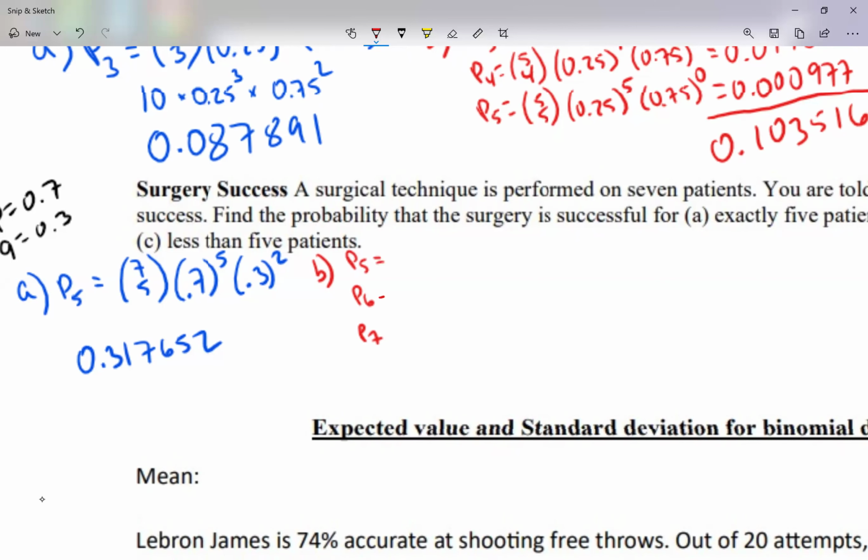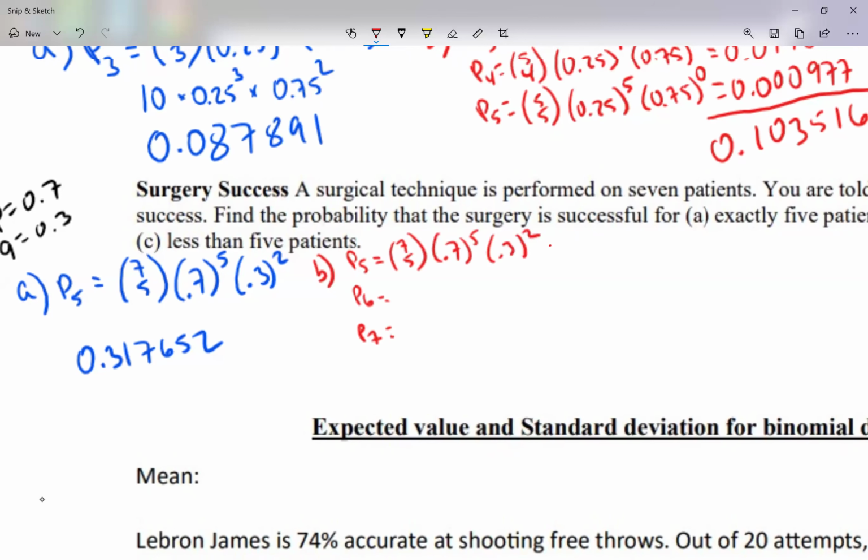So the probability that I get 5 right is 7 choose 5, 0.7 to the 5th, and 0.3 to the 2nd. And that gives me 0.317652.